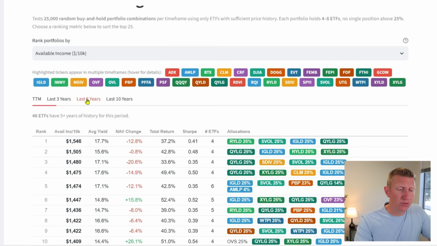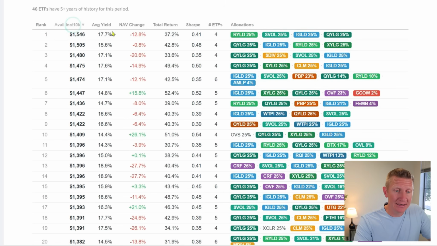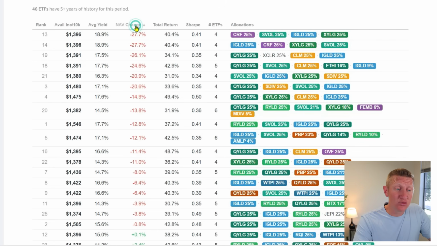And you can sort up here, let's go to 5 years, let's say. Okay, so this is interesting. A lot of these were repeating. The best portfolio here for the 3-year time frame based on income is RYLD, SVOL, IGLD, and QYLG that had 1546, but there were some other ones that were really close here, 1505, 1480, 1475, etc. A lot more net asset value drops here, 27, 27, 26%.